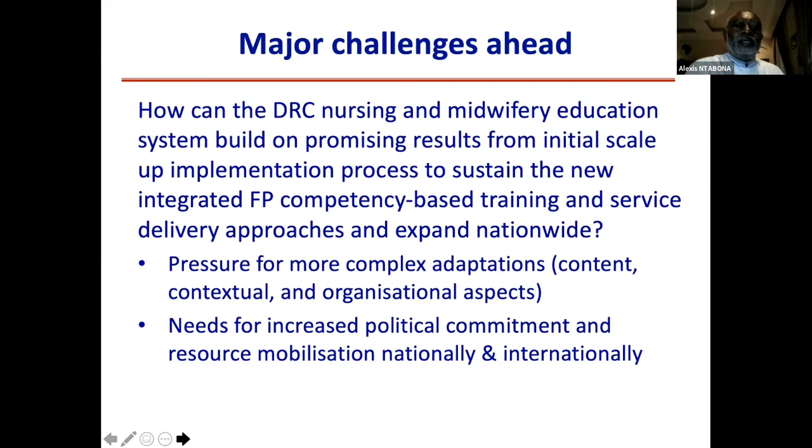One is that there is a big mounting pressure for more complex adaptation in terms of the content, the context, and the organizational aspects. And also, since the policy window, or window of opportunity, most of the time doesn't last long, we need to see how we can still keep the increased political commitment and the resource mobilization nationally and internationally.